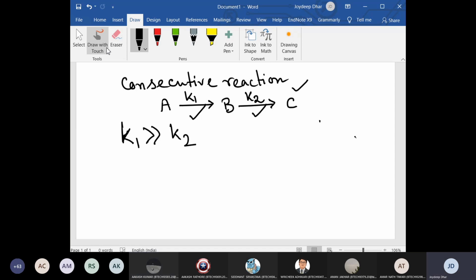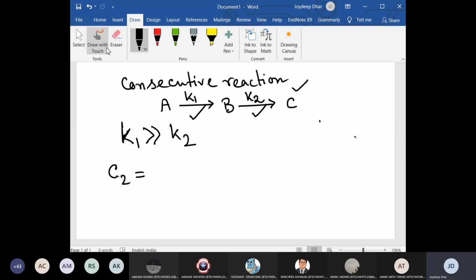So if K1 is much larger than K2, then the concentration of C2, that is the concentration of B, I should not say constant, because there are two reactions. One is formation of B, another is consumption of B. So when the rate constant of formation of B is much larger than the rate constant of consumption of B, then concentration of B will rise. So it will accumulate in the reaction medium.